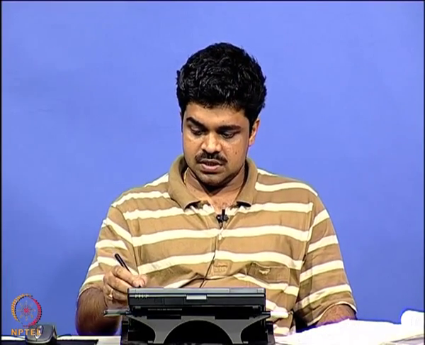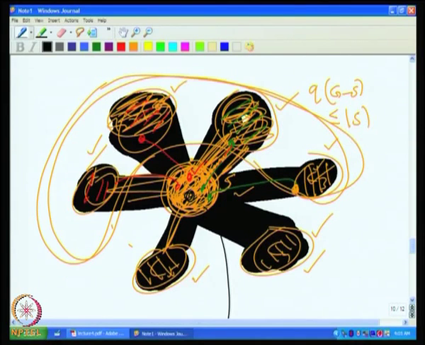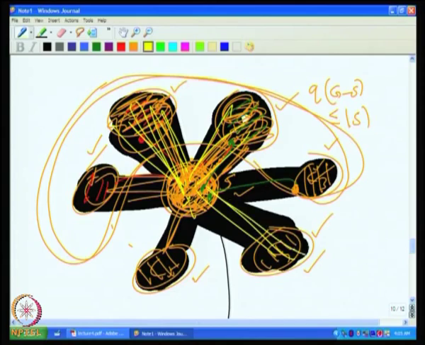Suppose I want to find such a set, what will I do? The vertices in S have to connect to every other vertex in the graph. For instance, you take a vertex here; it is connected not only to the vertices inside this set, it is also connected to all the vertices in this component, this component, this component, every vertex.